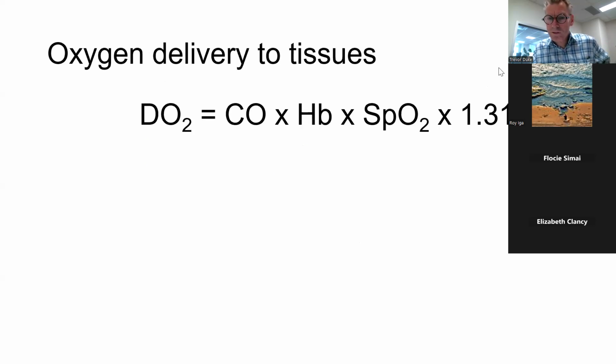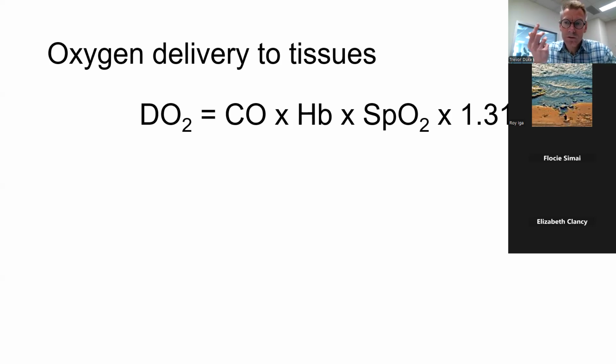The first thing to say is that we often think that inotropes are for blood pressure, but blood pressure is only a way of achieving oxygen delivery to tissues. And it's not always that a normal or high blood pressure achieves oxygen delivery to tissues.